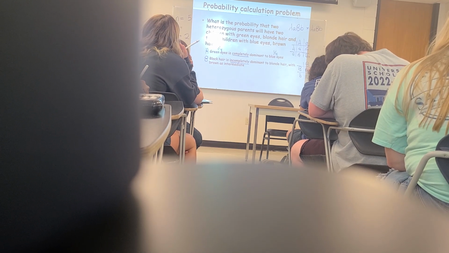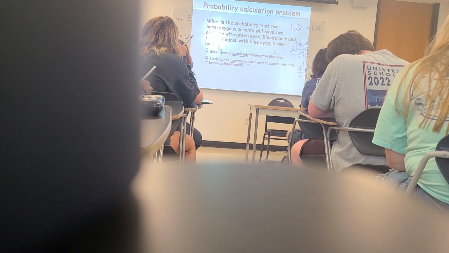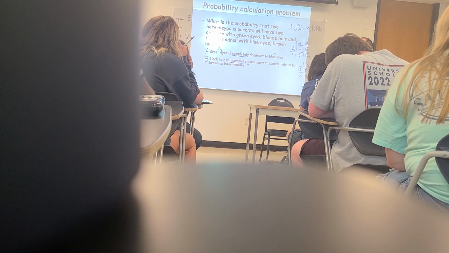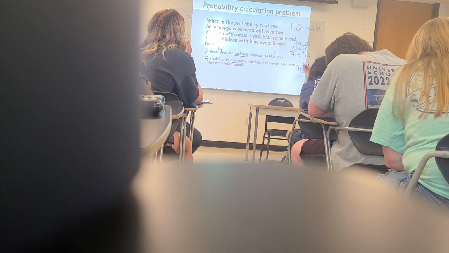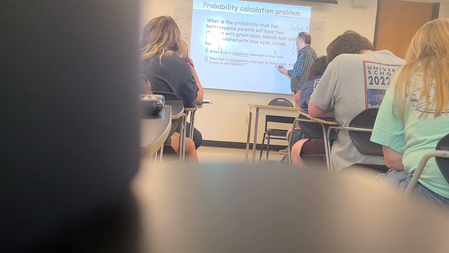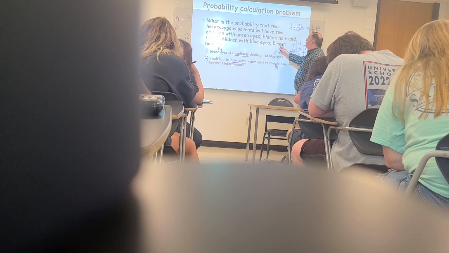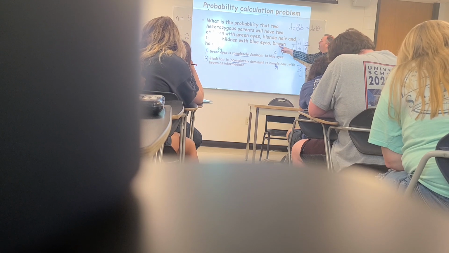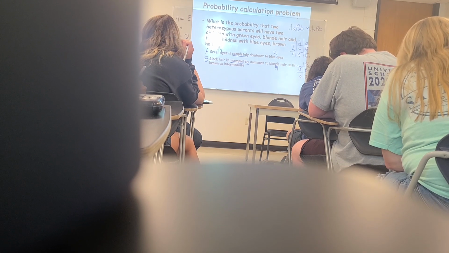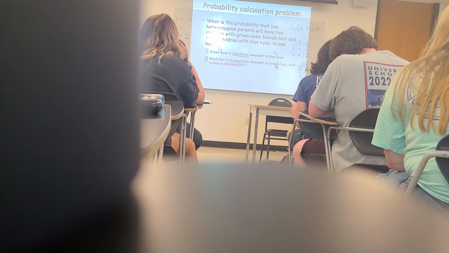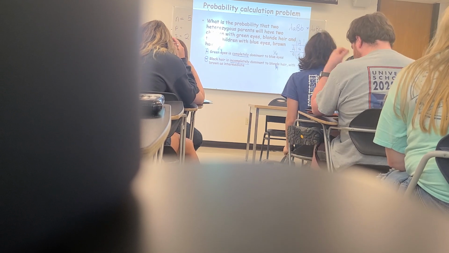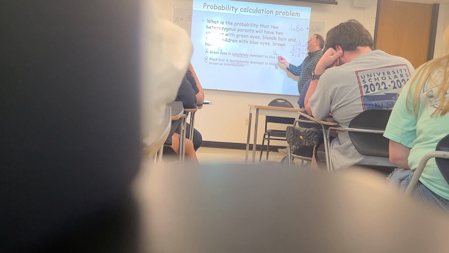This one will be black because it's the dominant, and this one will be blonde because it's the recessive. So that's 1 out of 4 will be blonde. And we need brown hair, which is, what's the probability of getting brown hair? 2 out of 4, so 1 out of 2.